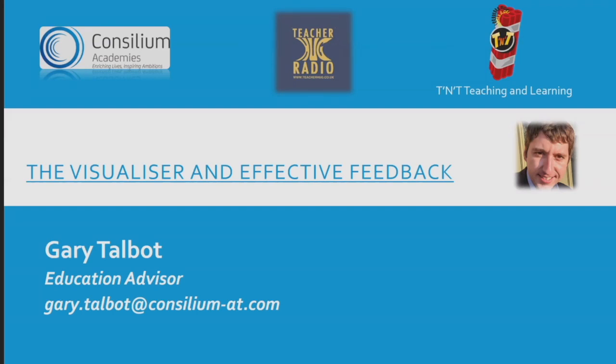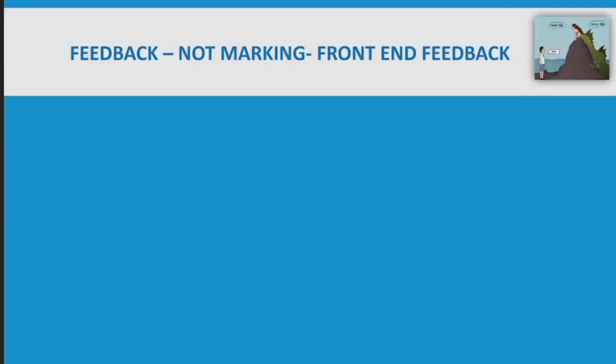So I've just come here to talk about some techniques that you can use with a visualizer in terms of giving effective feedback. This all started a couple of years ago when I was reviewing the evidence on teacher workload and making sure feedback was effective. One of the things we brought into our school was a feedback not marking policy.